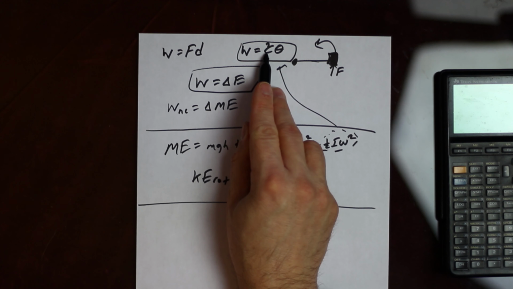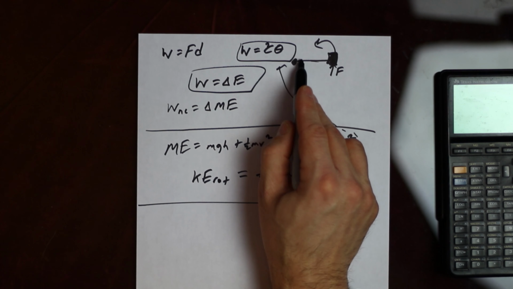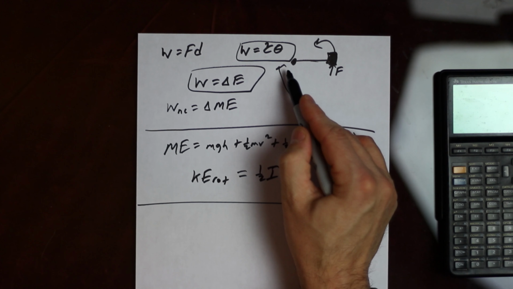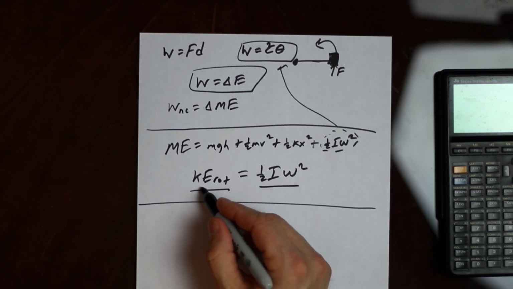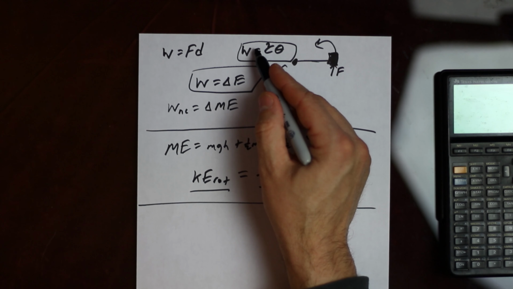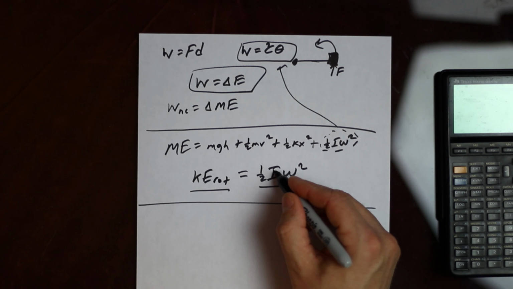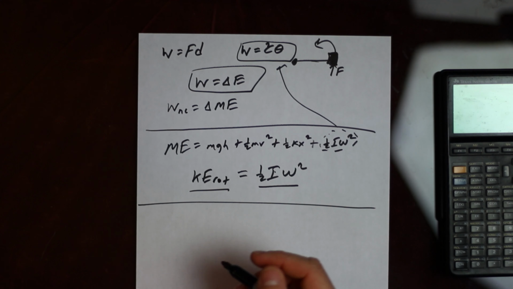The amount of torque you apply can increase the work being done, or you can apply it through a greater theta. If you keep applying this force, this thing will just keep going faster and faster, which makes sense because our KE rot will go up. Because of all that positive work being done, if I stays the same, we're going to make omega go up. It goes faster and faster. So there are some old ideas.